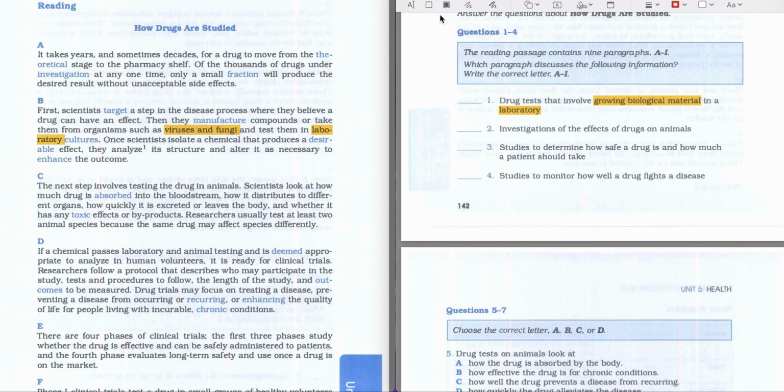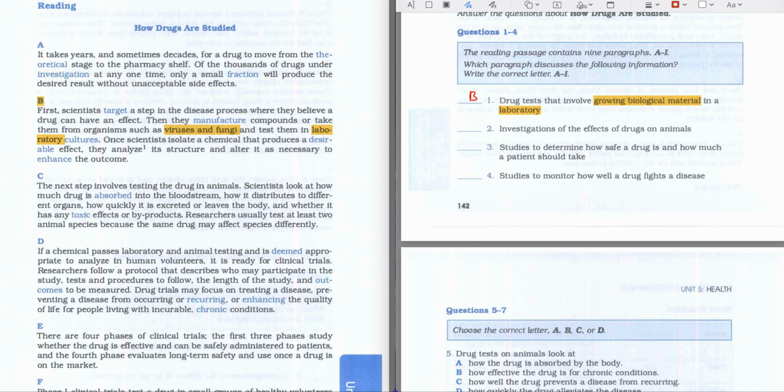So let's highlight here, and we know that we have already chosen B. Let's put here a B. Okay, let's read the second sentence. Investigations of the effects of drugs on animals.